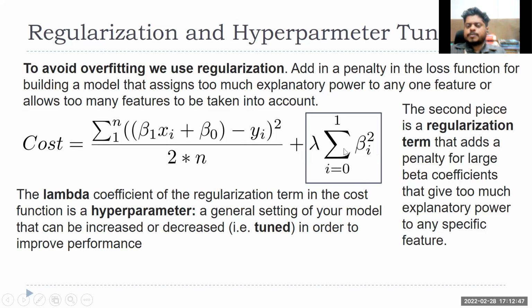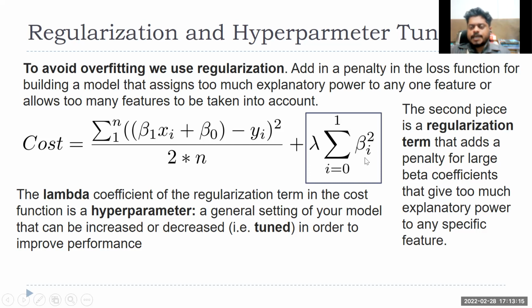So 1.47 square, right? Let's say I have a very complex model, 1.47x plus 2.53 x2 plus 6.71 x3. Now what happens? I have to add those squares also, 2.73 square plus 6.5 square. So now my cost equation becomes higher.